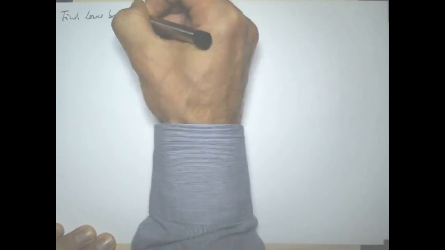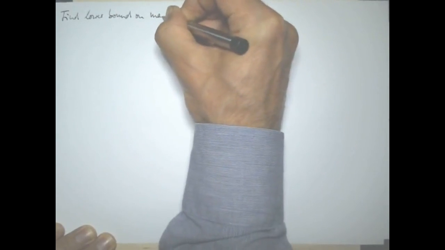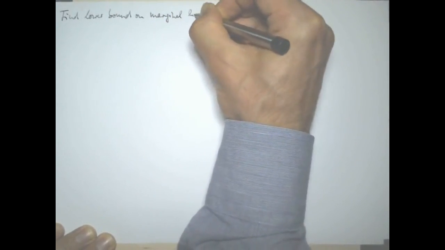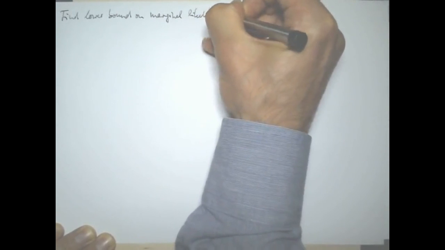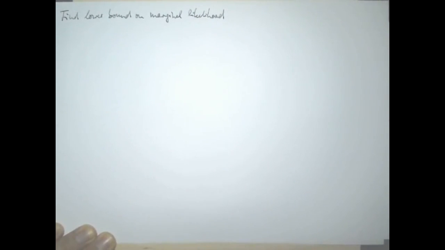Okay, and this we can now use to derive a lower bound on the marginal likelihood. We find a lower bound on the marginal likelihood, again starting with a single training example.